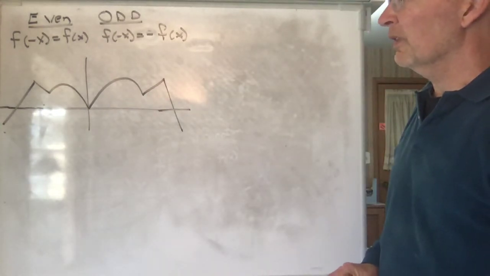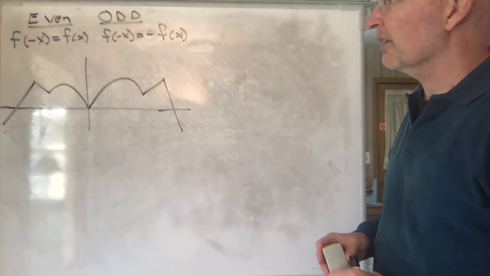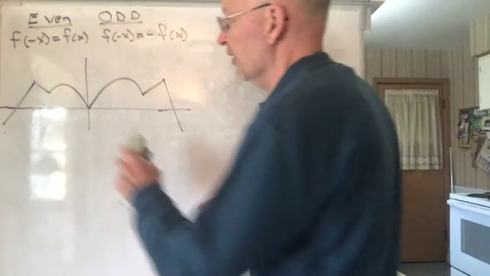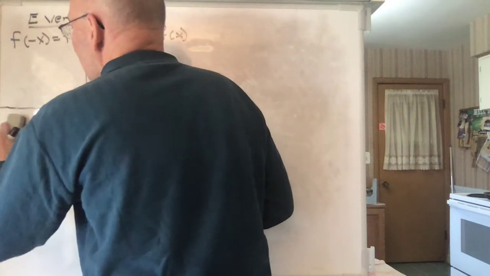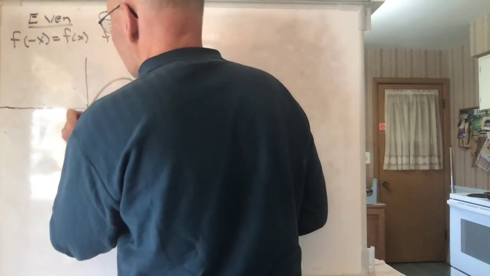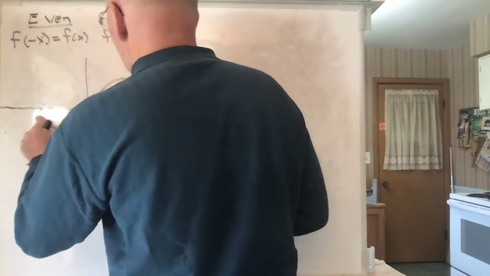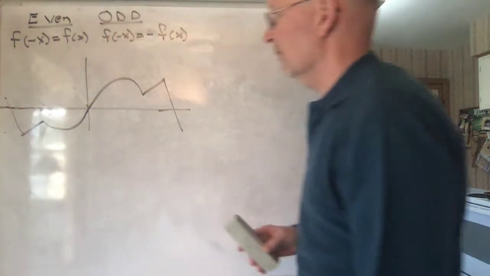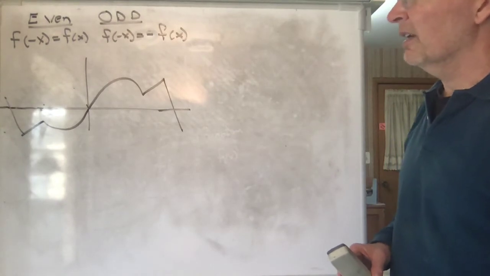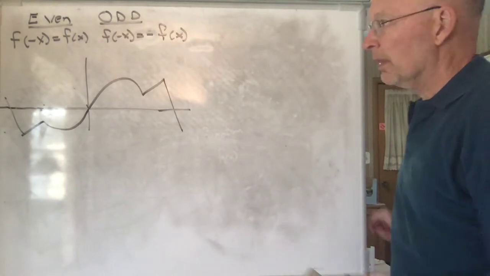You could fold it right over the line. If this were an odd function, then what would this side look like? It might be kind of hard to visualize. I guess it would go down like this, not all the way, and go down like this, and back up like that, roughly. Okay, that'll make it an odd function.